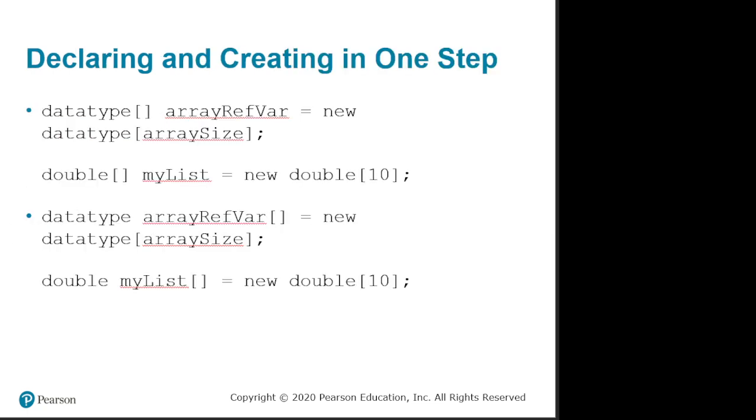This declaration can be done in one step. We can say the data type, double in this case, the name, and then we use the new creation to create it. And this is preferred. Now, what ends up happening is these things then have a length. In fact, strings, which we started working with earlier, were a very specific type of array.